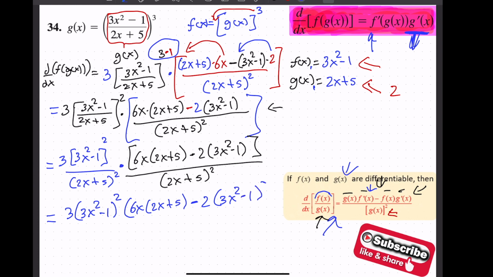And let's have square brackets here to identify it. And that will be all over 2x plus 5 raised to the 4th power, since these two numbers add up. Alright, so that is the final solution for this problem. I don't have anything to simplify further.